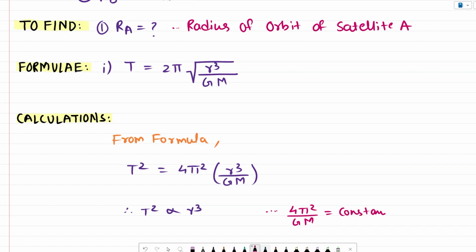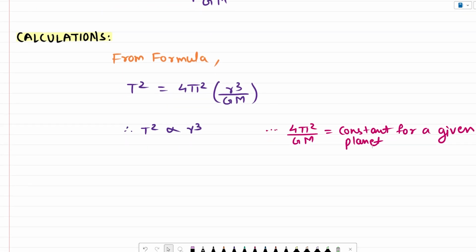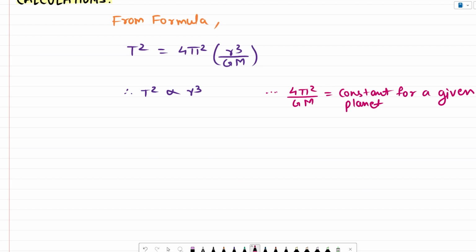So this term is constant for a given planet. Since both satellites are revolving around the same planet, the term 4 pi square upon GM would be constant. So I can say that T square is proportional to r cube. Let this be our expression number 1.